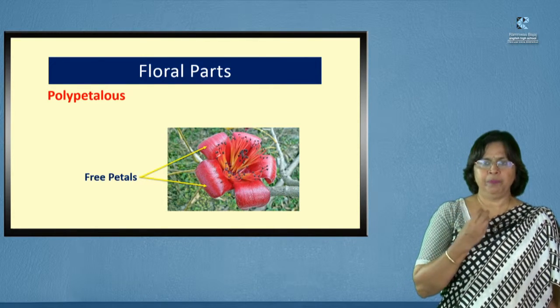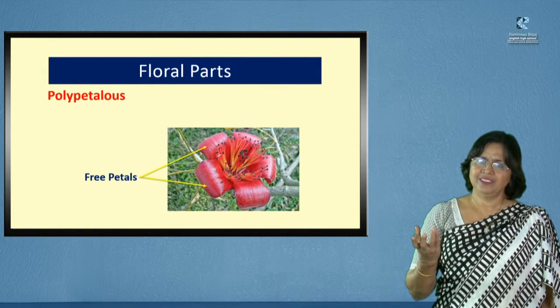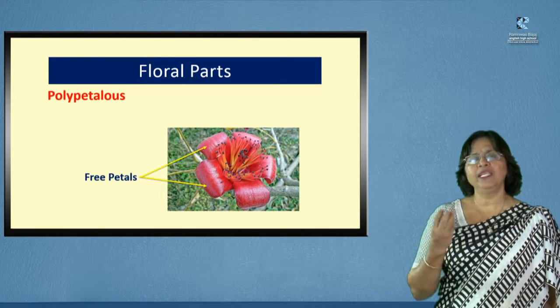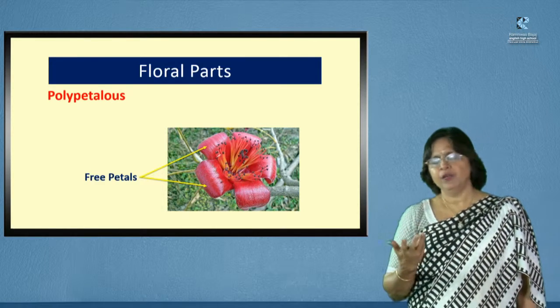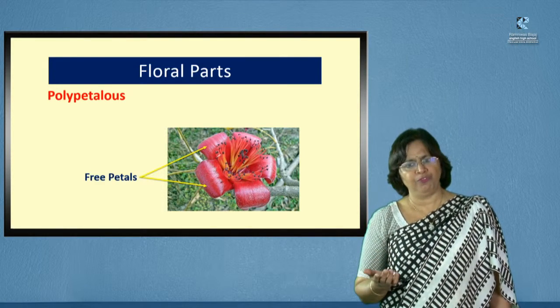The corolla, the petals, if they are free, we use the term polypetalous. Poly means free, separate. Each petal can be counted separately, polypetalous, like you see in the gulmohar flower.